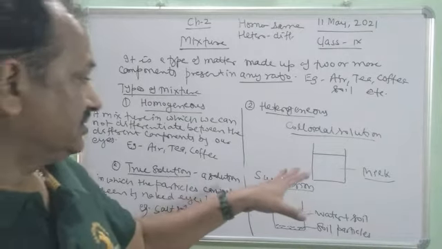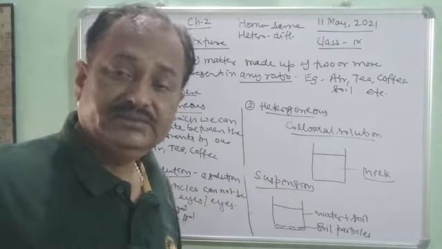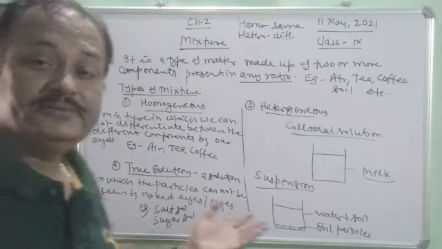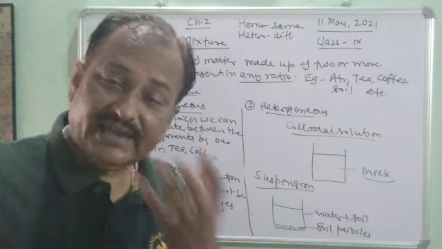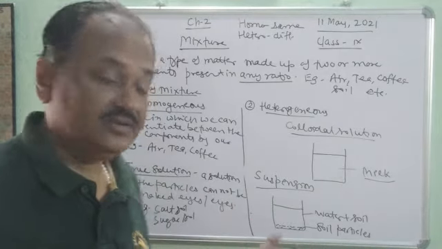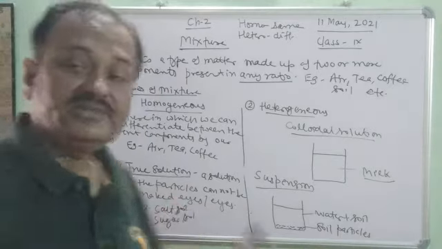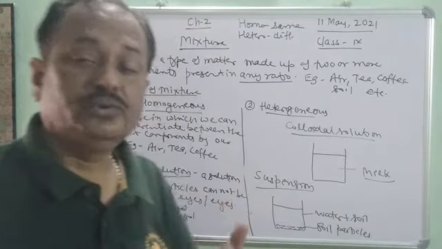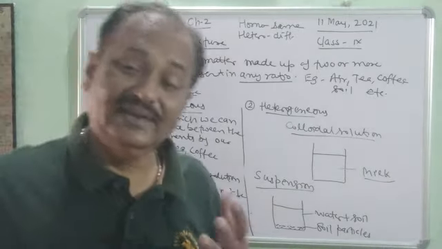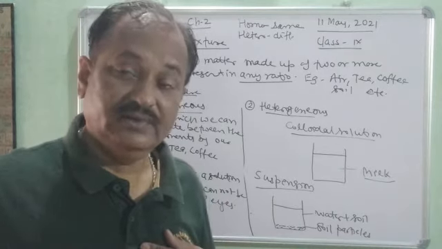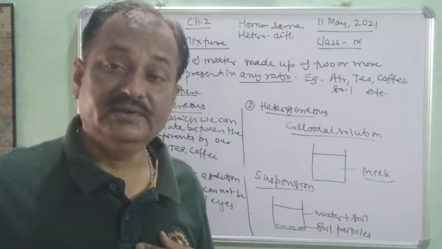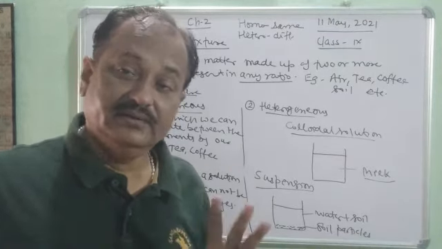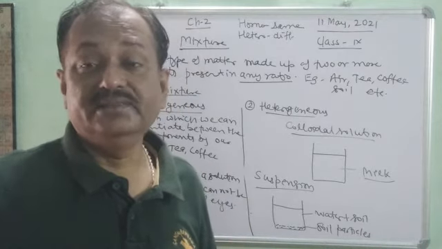We have to see some more points about these solutions. In a true solution, the size of particles of the solute is less than 1 nanometer. 1 nanometer is 10 to the power minus 9 meter.